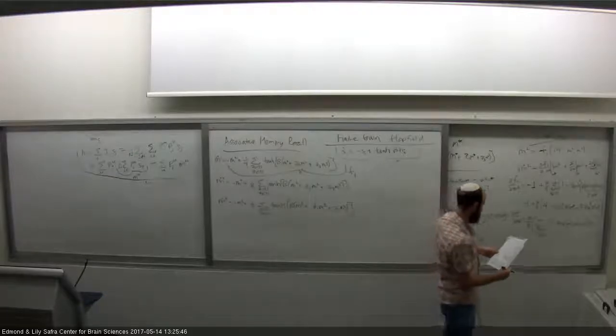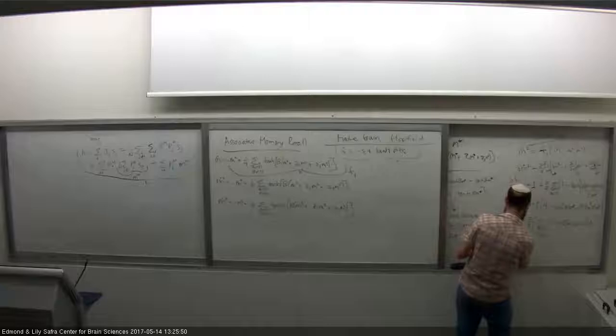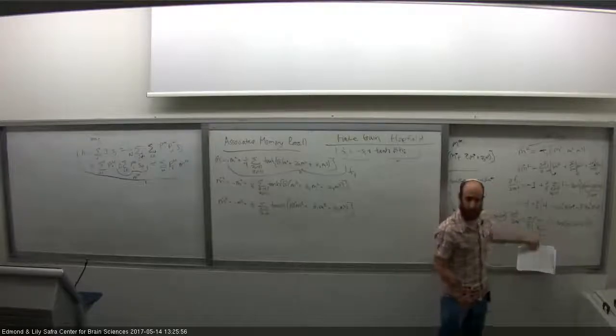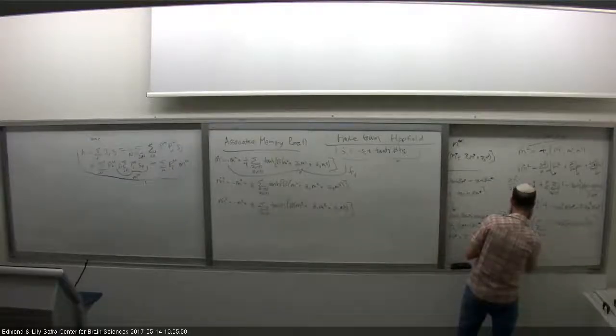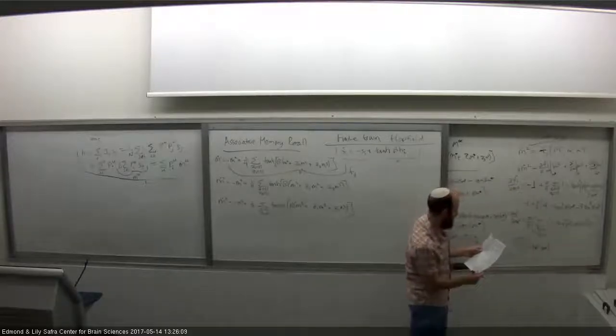So now, beta over 4. Again, now we have one term where the z's are aligned, and that gives us 1 minus tangent hyperbolic squared 3 beta m. We have one term like that.